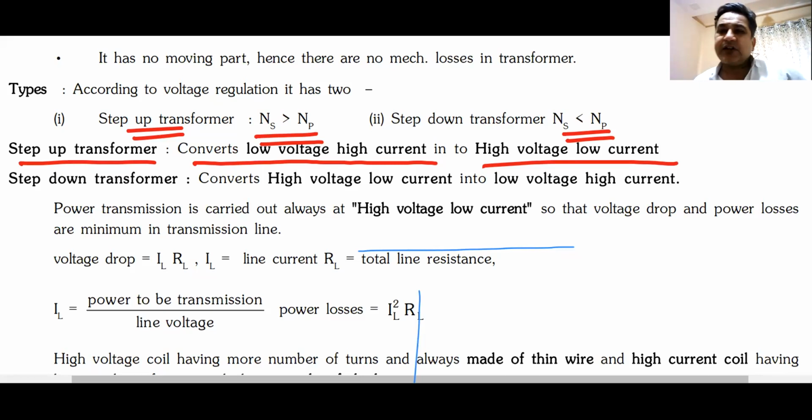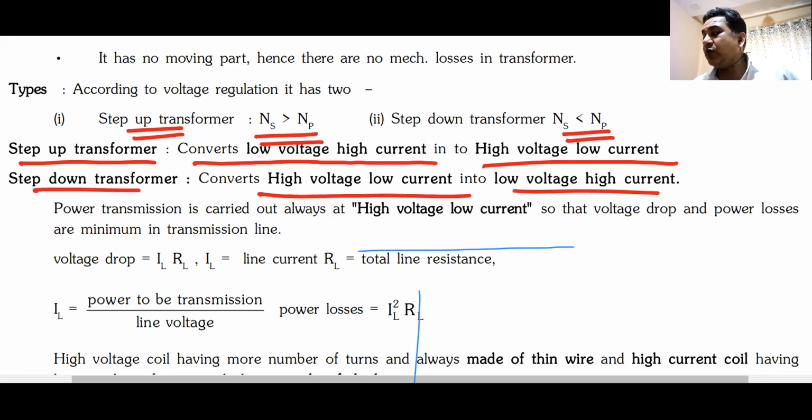This is the transformer. A step down transformer converts high voltage, low current into low voltage, high current. You produce this AC voltage in your thermal power stations and hydroelectric power stations at a high voltage. Then you step it up to a very high voltage, 44,000 volts, 44 lakh volts. Then you transfer it from those places to inside your town. You step it down in steps.